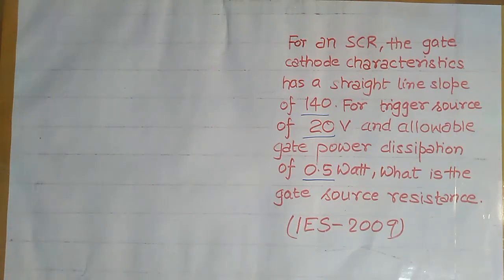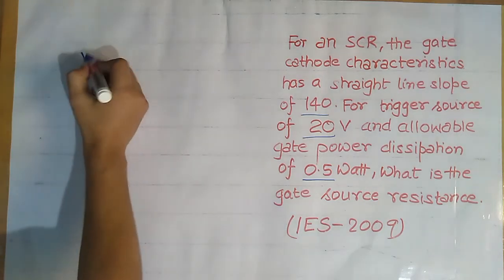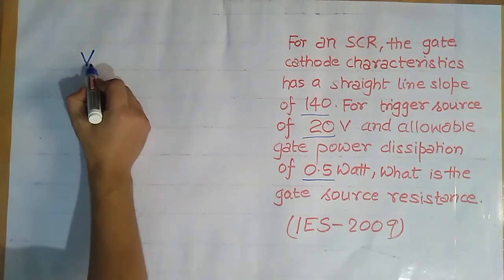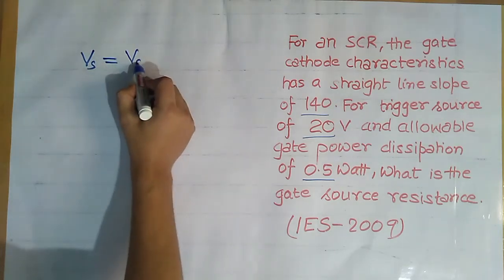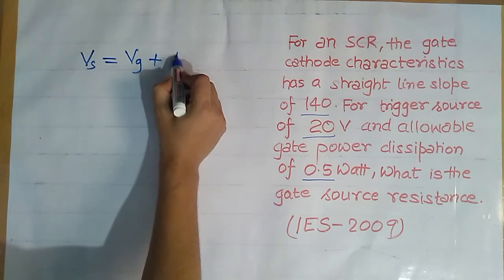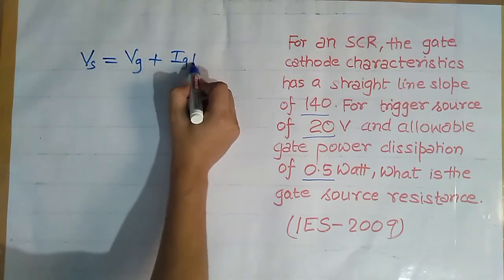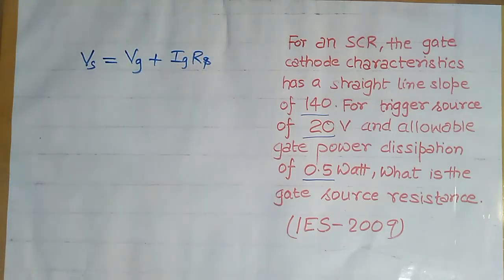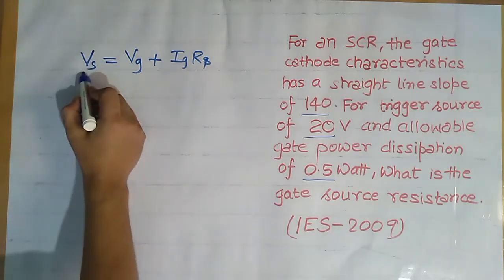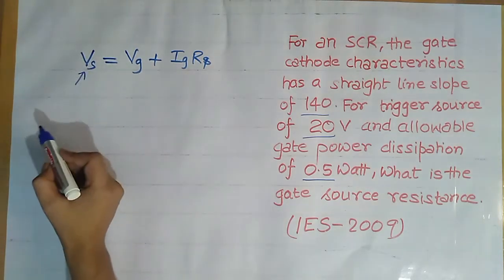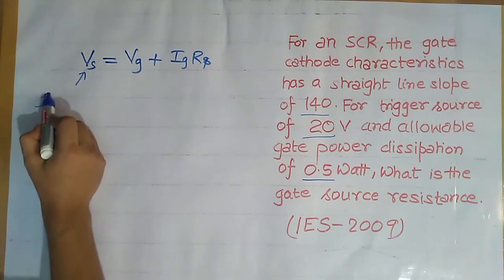So to solve this circuit, you must know the equation of the gate cathode circuit. You must remember, or I can say memorize, this equation: Vs is equal to Vg plus IgRs. It is simply given by applying KVL in the gate cathode circuit, where Vs is the triggered source voltage, or we can say the gate source voltage.